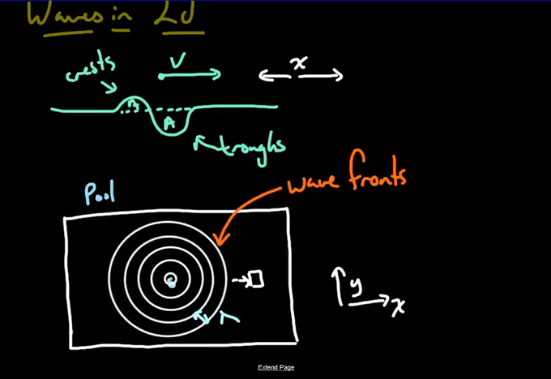Wavelength we've seen before. How aggressively we're agitating the water will increase or decrease the amplitude of the wave. You don't really show that on this type of picture, but something else that you do show is called a wave ray. Wave rays are arrows showing the direction of travel of the wave.